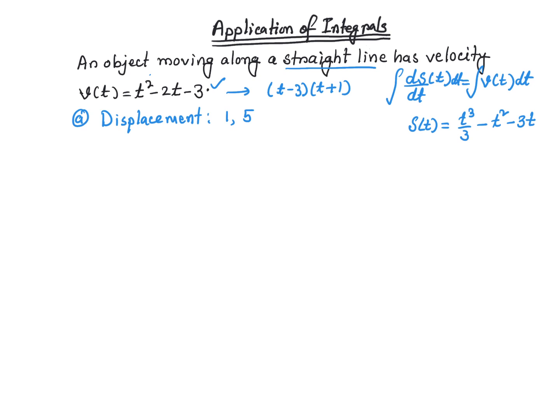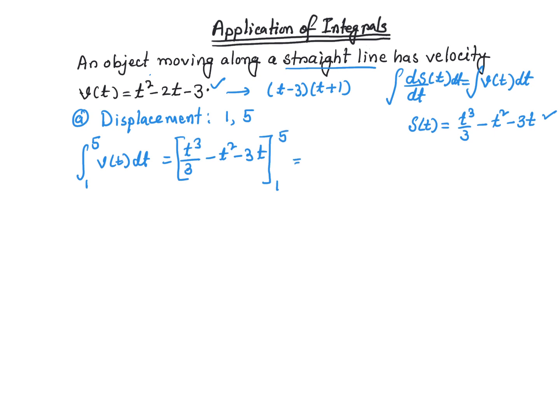Now we want to find the net displacement over some interval, which is the integral from 1 to 5 of v of t dt. We already found that integral, which is t cubed over 3 minus t squared minus 3t, and that needs to be evaluated from 1 to 5.